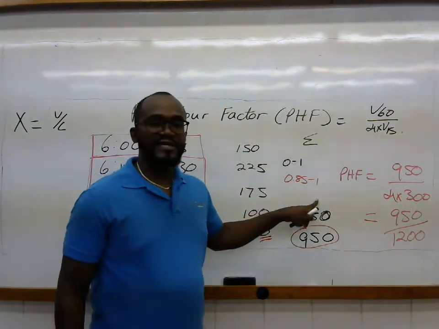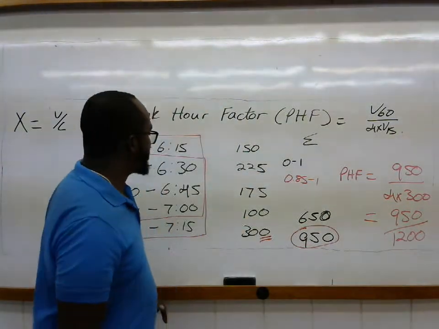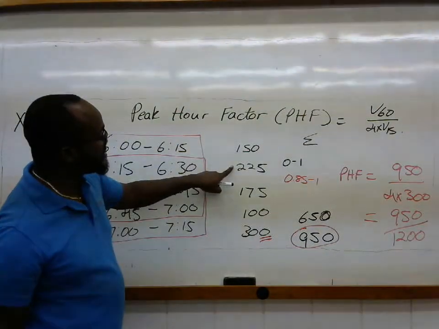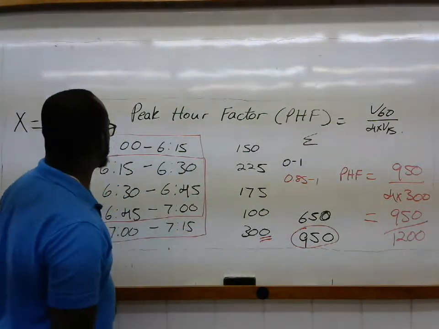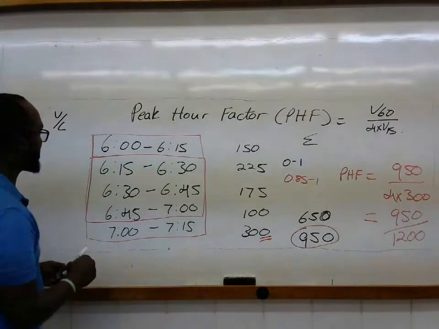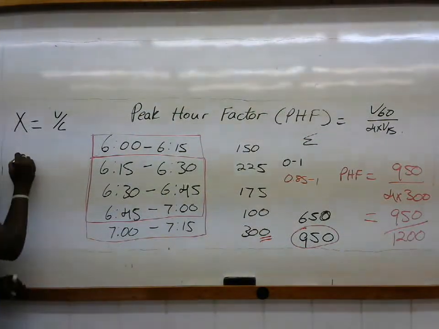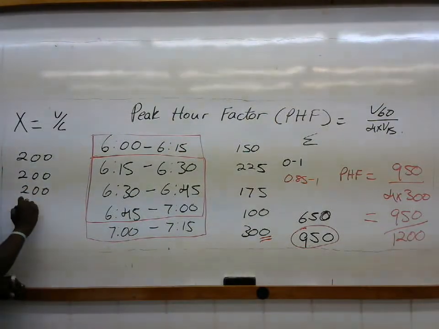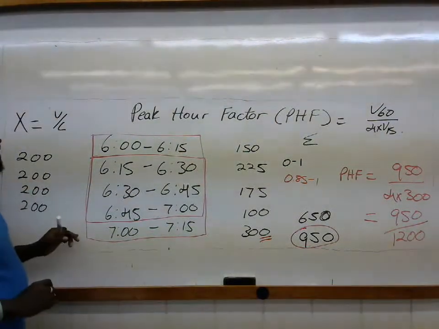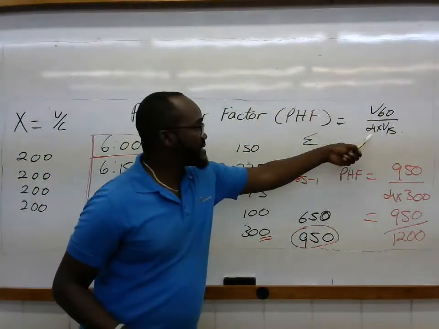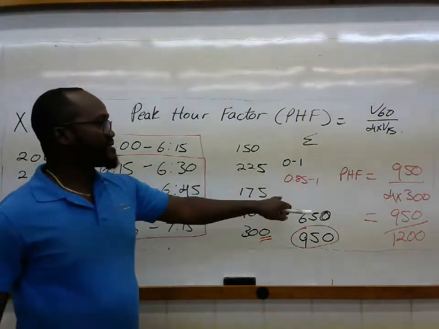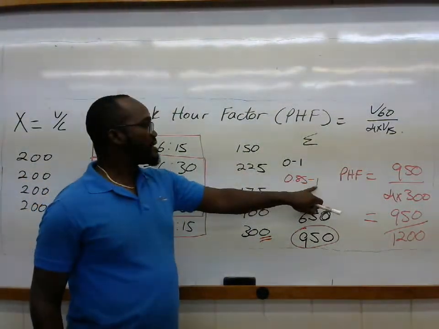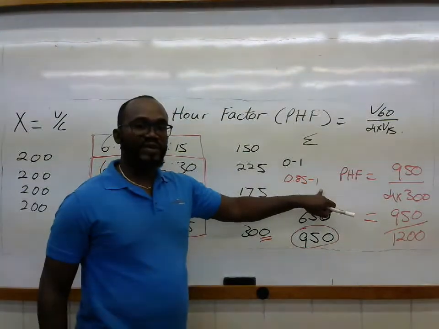So what does the peak hour factor represent again? It is the variability of flow within the peak hour. So if these values were to be, for example, theoretically 200, 200, 200, 200, then clearly we can see that based on this formula, our peak hour factor would be 1. So 1 then represents uniform flow within the peak hour.